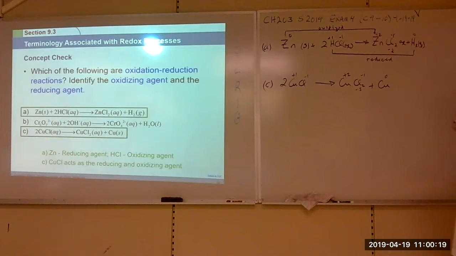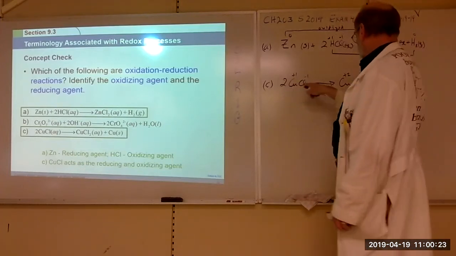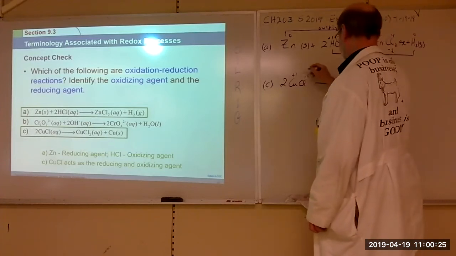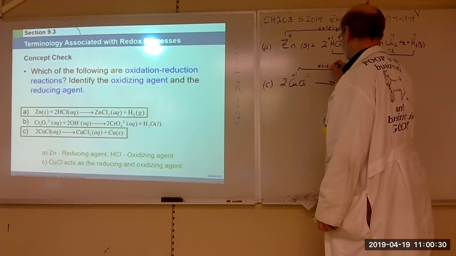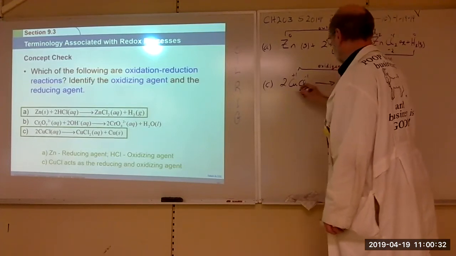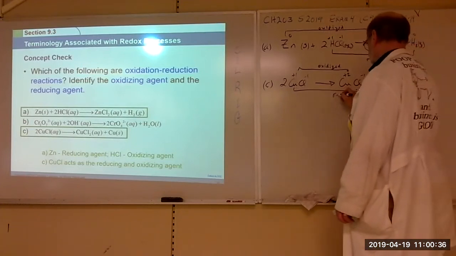Since there are 2 up here, one of these coppers went from here to here, oxidized, and the other one went from here to here, reduced.